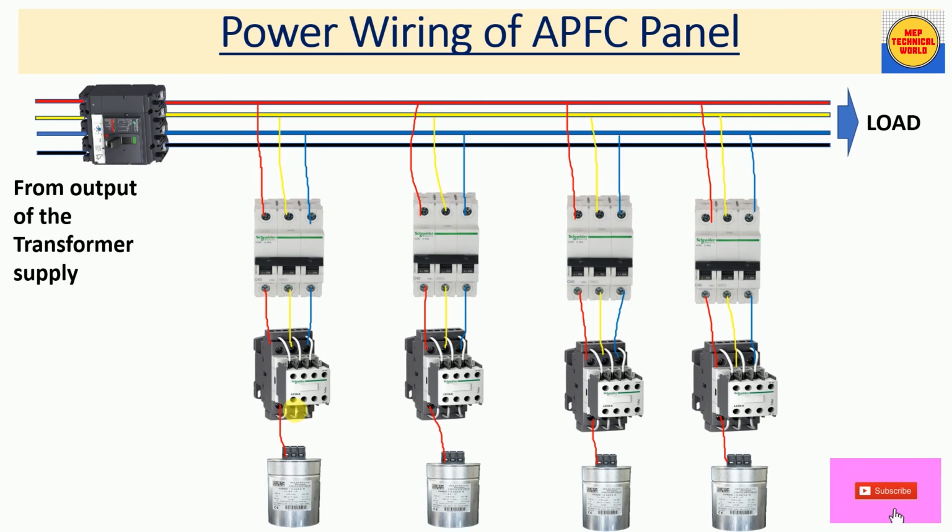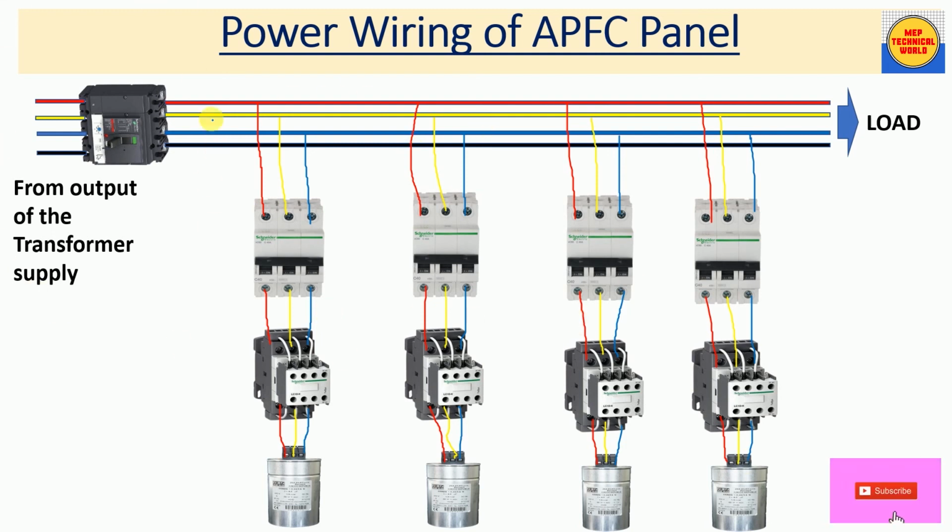Here let's connect it to this terminal, and similarly in this way we can connect to the other capacitor banks as well. Now finally connect blue to the third terminal of the capacitor bank. Now we are connected. So in this way we have completed power wiring.